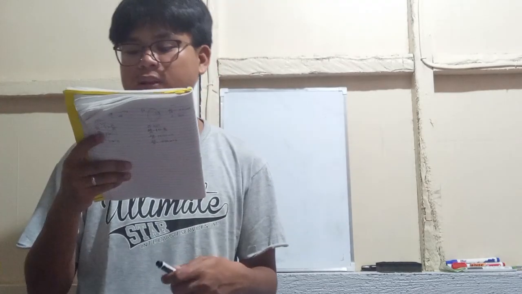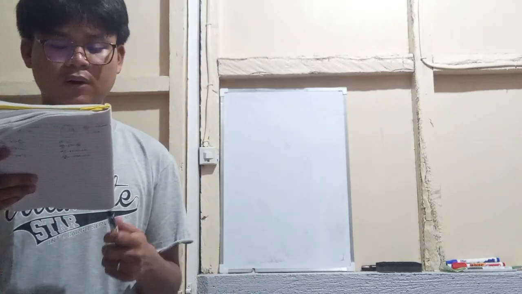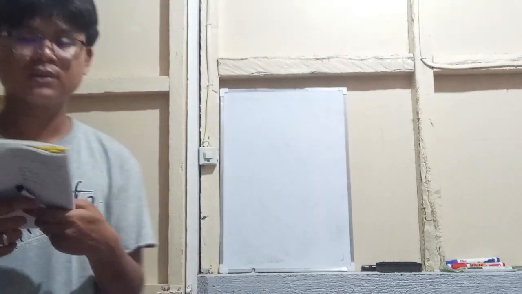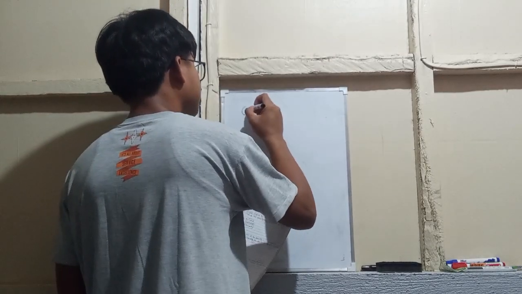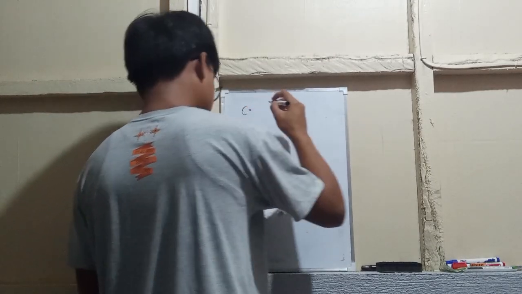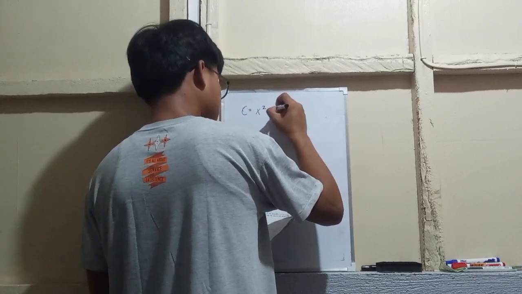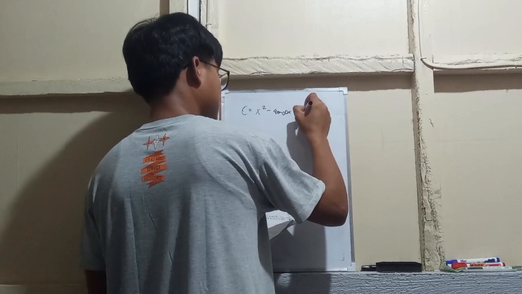The cost C of a product is a function of the quantity of the product. C of x is equal to x squared minus 4000x plus 50. Find the quantity for which the cost is minimum. So, we'll write the given equation. C is equal to x squared minus 4000x plus 50.